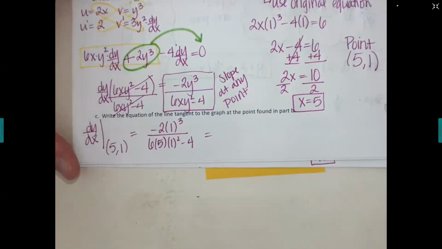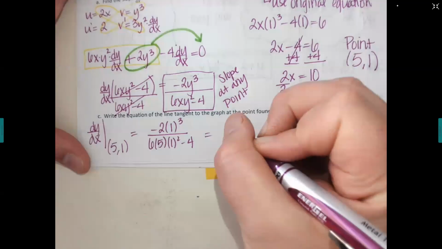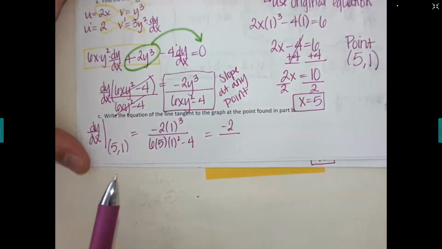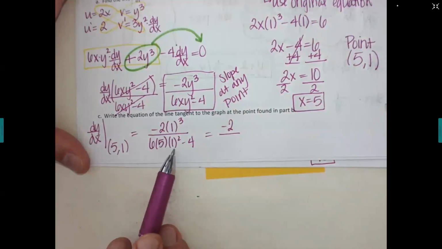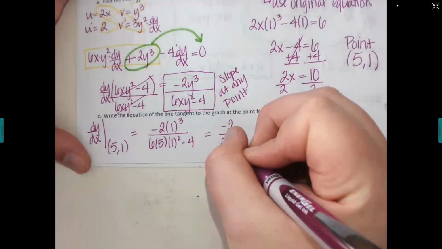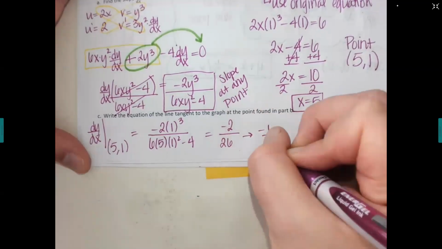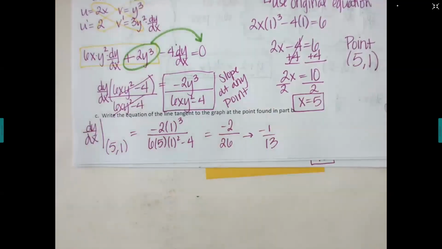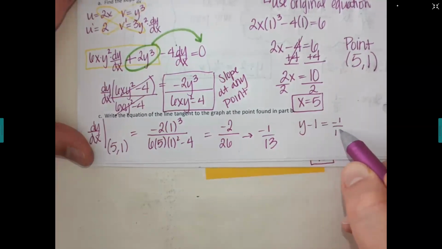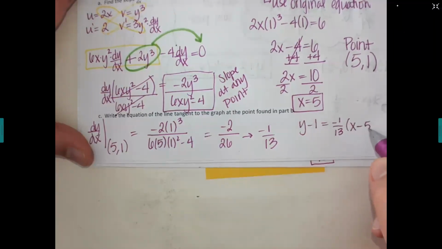What's the top of that going to be? Minus 2. And then on the bottom, 6 times 5 times 1 squared is 30. Take away 4 would be 26, which will go to negative 1/13. Okay, then you should be able to write the equation of the tangent line if you're asked to do so. So it would be y minus 1 equals negative 1/13 times x minus 5.